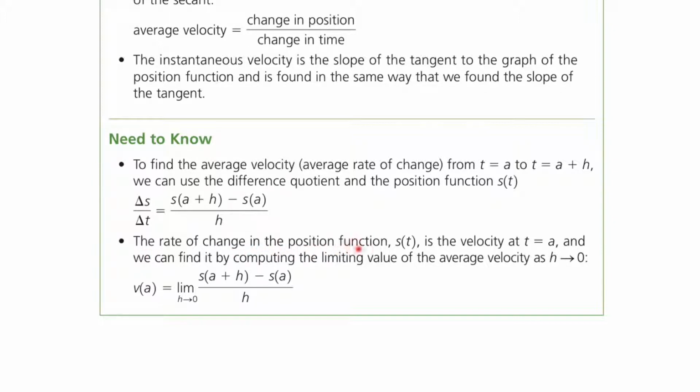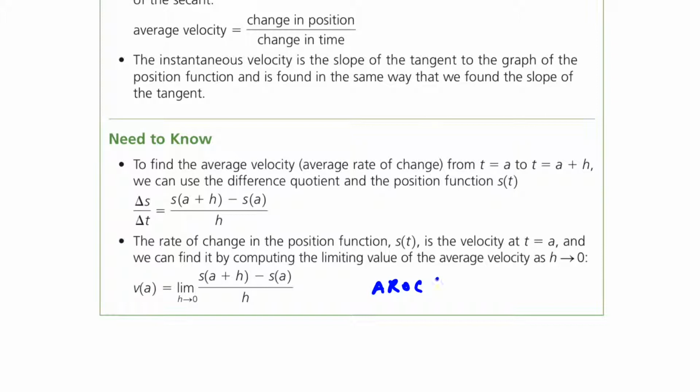The rate of change in position function s at t is the velocity at t equals a, and it can be found using the limit of the difference quotient as h approaches 0. V of a is limit of s of a plus h minus s of a over h as h approaches 0.